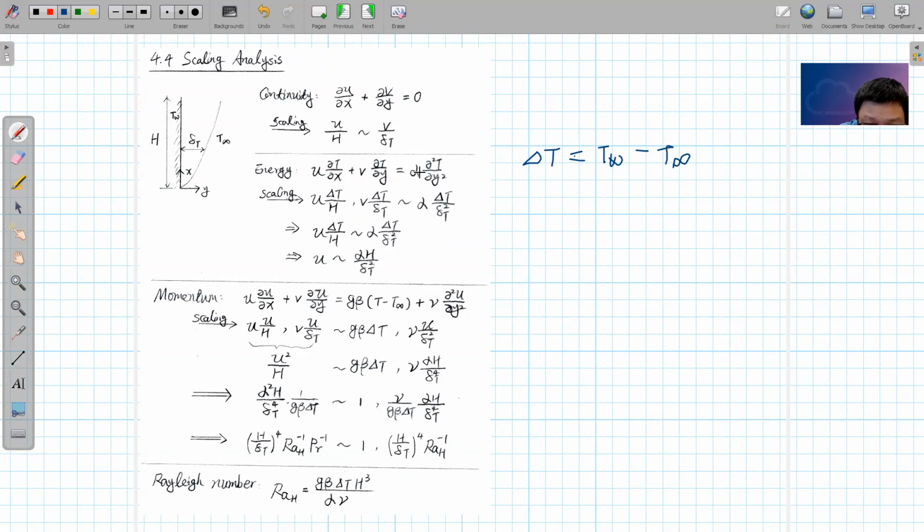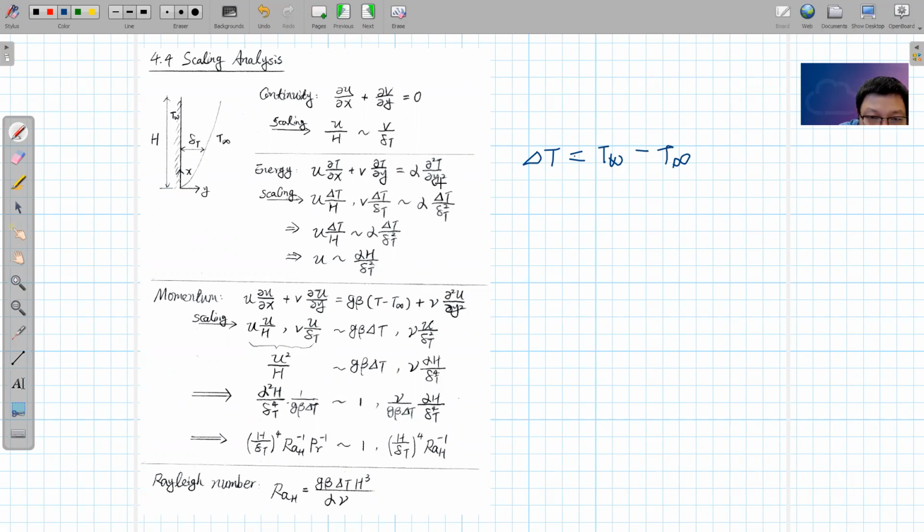Alpha is thermal diffusivity, and partial T squared over partial y squared is of the order of delta t over delta t squared for this distance here. And because u over h has the same order as v over delta t, you can see that these two terms, u delta t over h and v delta t over small delta t, are the same order.